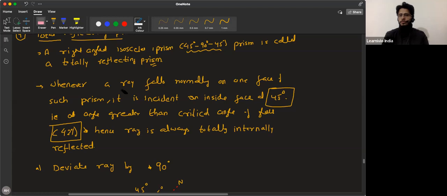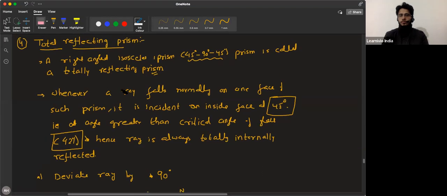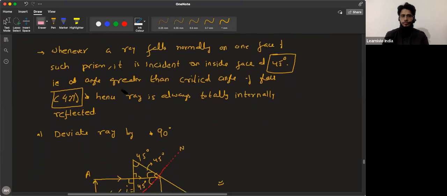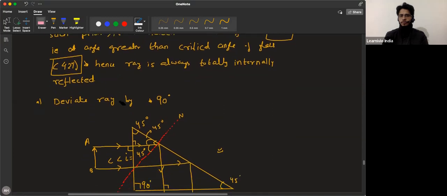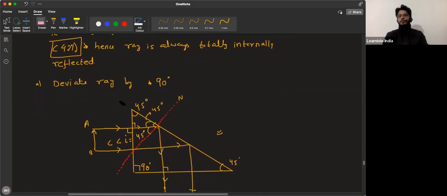Can I scroll it now? One second, sir. And done, sir. Everyone has written up to there? Yes, sir. Or draw this ray diagram.